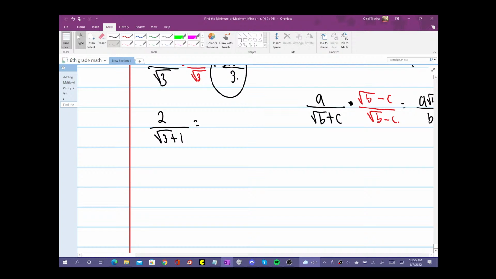So now we're going to do that same exact thing for this one. And the reason why I'm showing you guys less complicated examples is so that you can understand how to do this. So we have 2 over square root of 3 plus 1, times the square root of 3 minus 1 over square root of 3 minus 1.